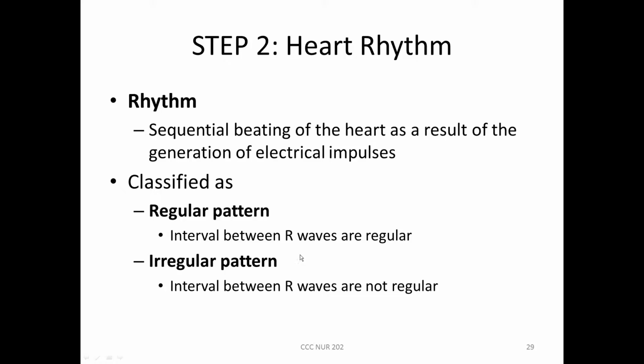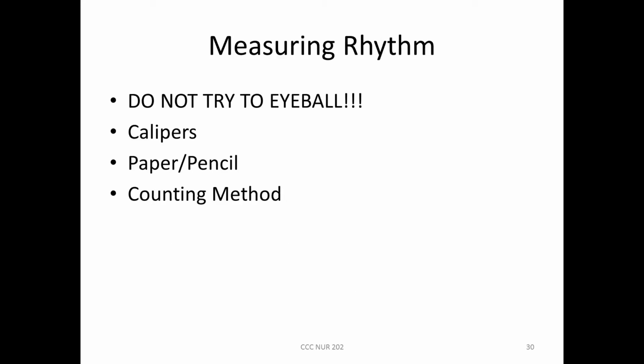So you're looking at the P waves and how they're marching out. Are they marching out really regular, or are they short here and long there and not regular at all? That would be an irregular pattern. You don't want to try to eyeball it. You want to use either calipers, or paper and pencil, or a counting method.